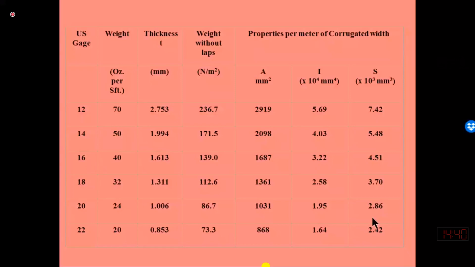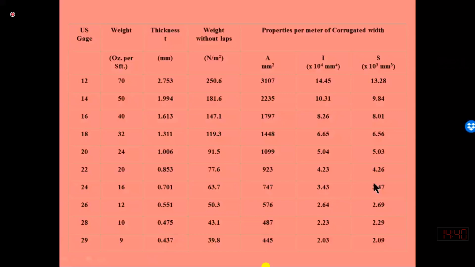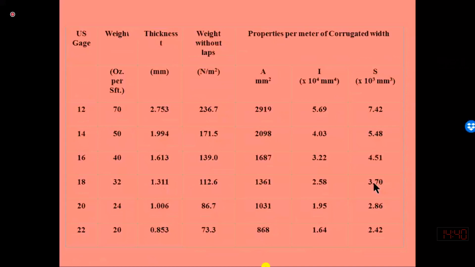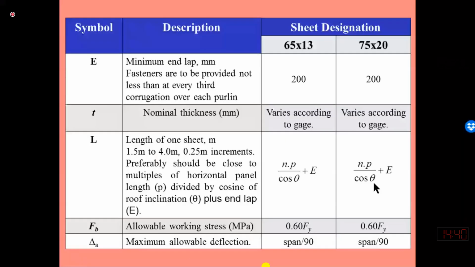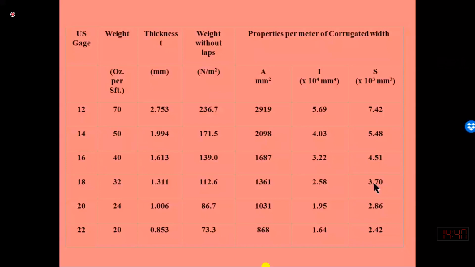The first table is for GI 65 into 20 and GI 65 into 30 sheets. In this table, the properties of various sheets are provided. I should mention the designation also.